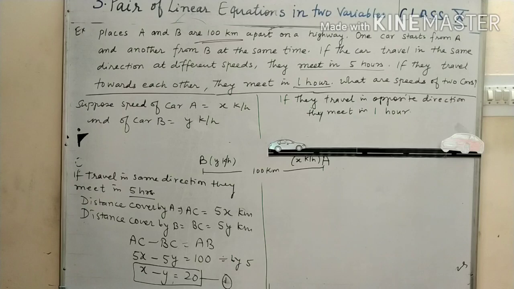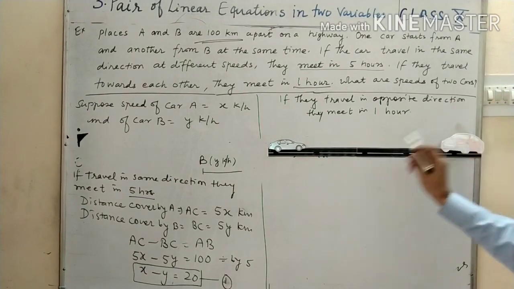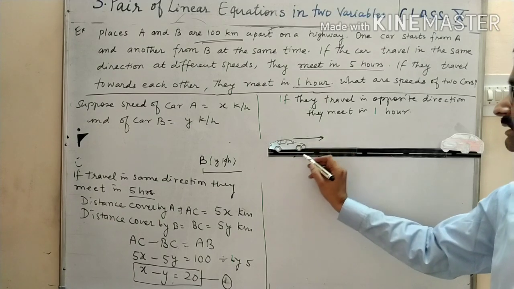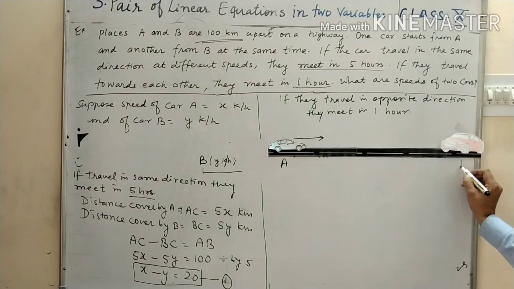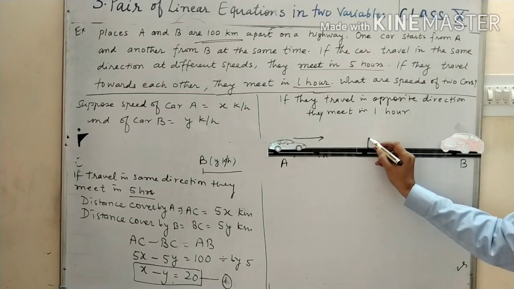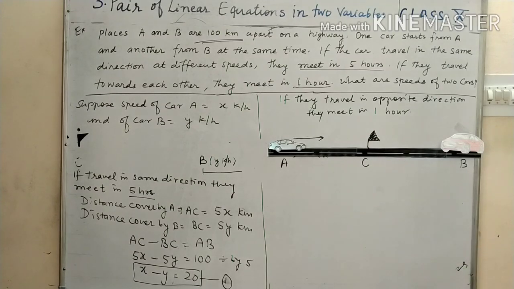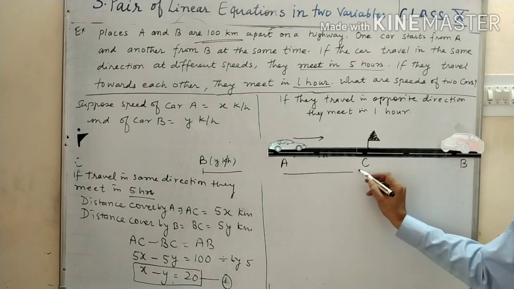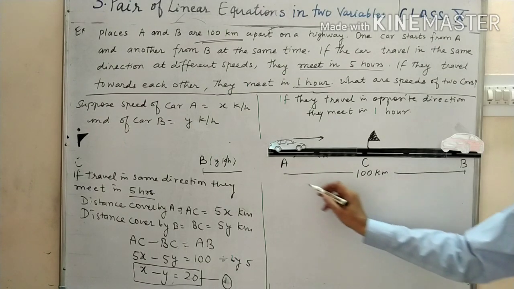Look here, if these two cars travel in opposite directions, car A goes this side, car B goes this side, and they will meet at one point, which is point C. The distance between car A and B is 100 km. That is given to you.